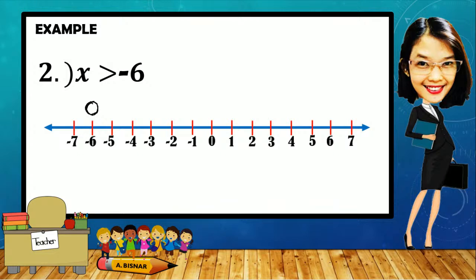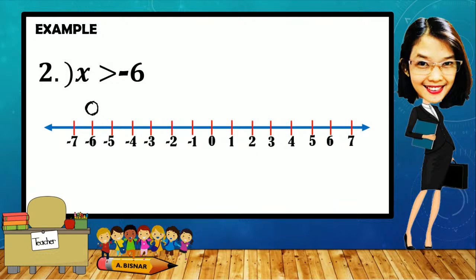Now, what's next? Since it is greater than, we have to identify those numbers that are greater than negative 6. Mga number na mas malaki sa kanya.